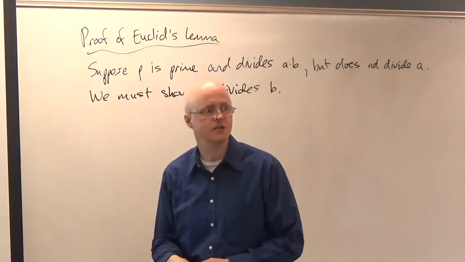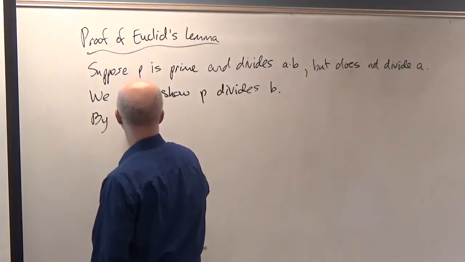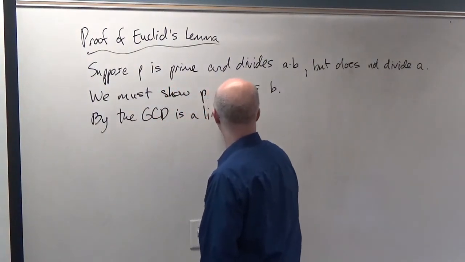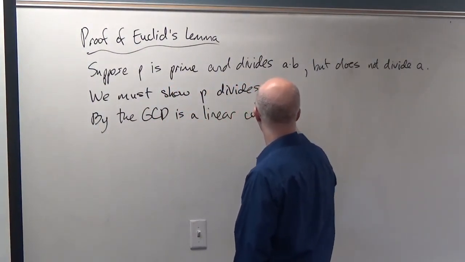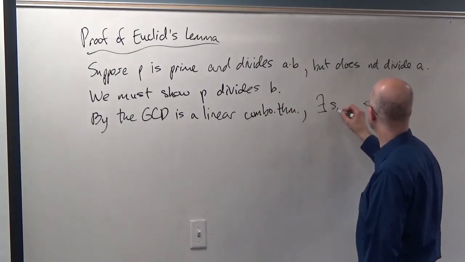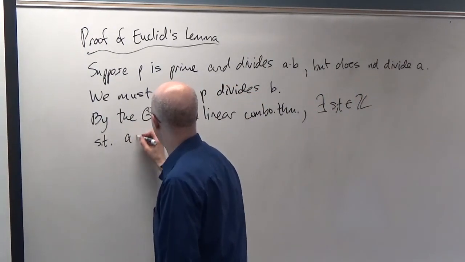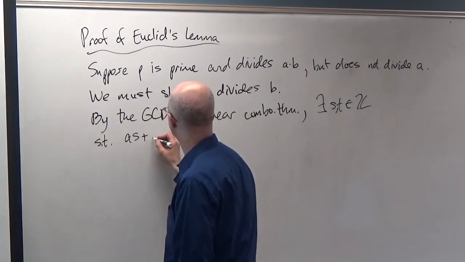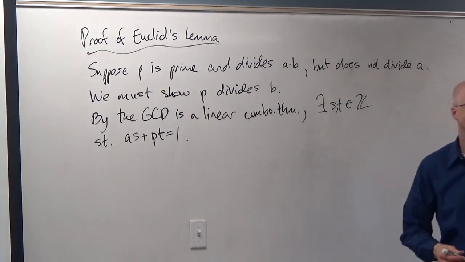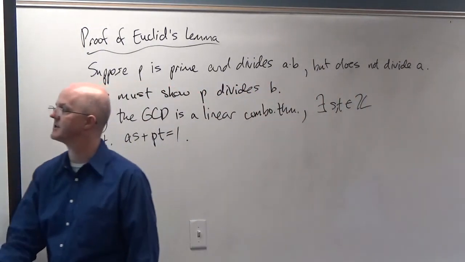That comes from the GCD as a linear combination theorem. By the GCD as a linear combination theorem, there exist S and T such that AS plus, careful, not B, but PT equals 1. P is playing the role of B in this corollary to the GCD as a linear combination theorem.